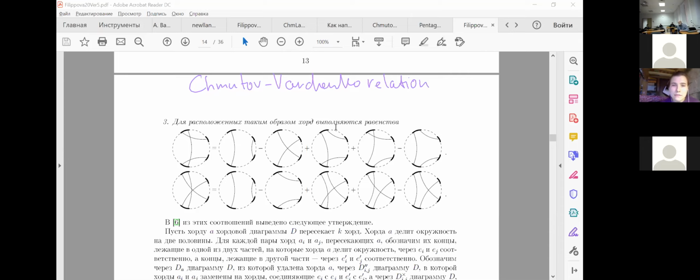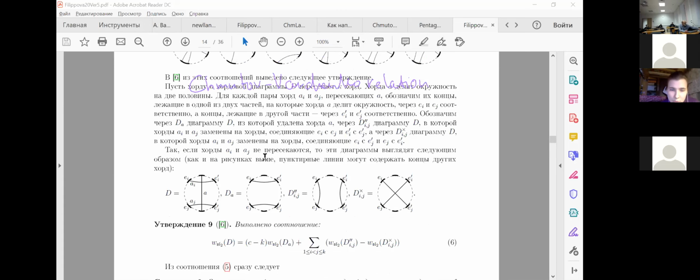Thanks. And there is a corollary also by Chmutov and Varchenko. It's just easier to use. We have a chord diagram.